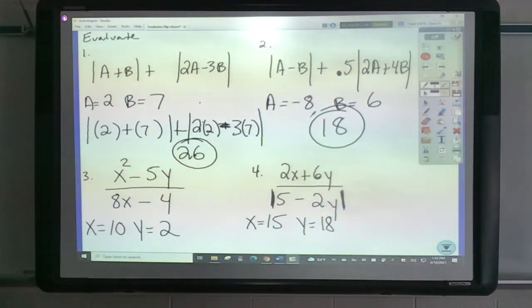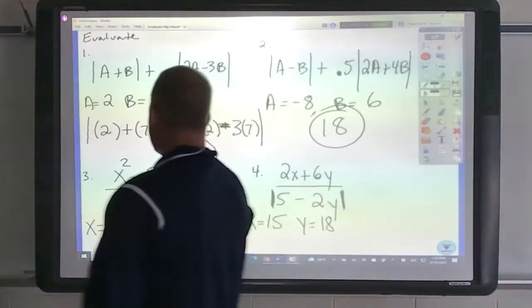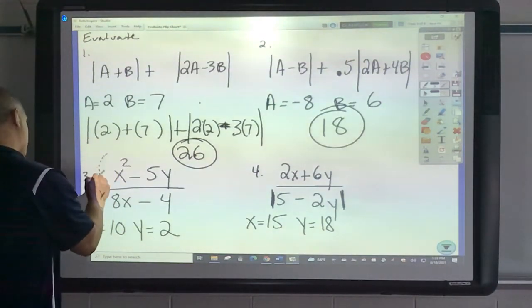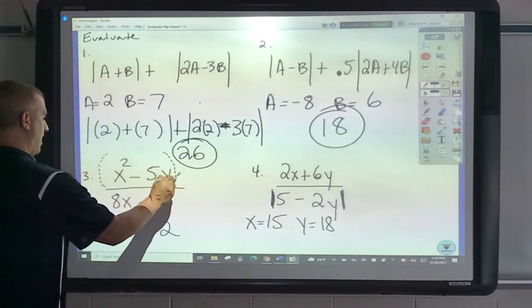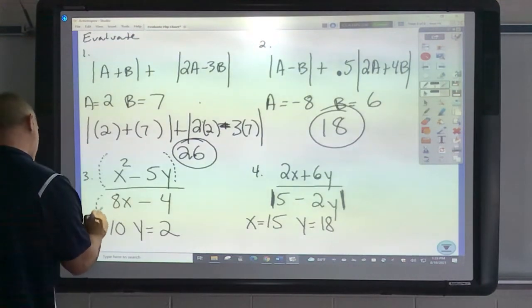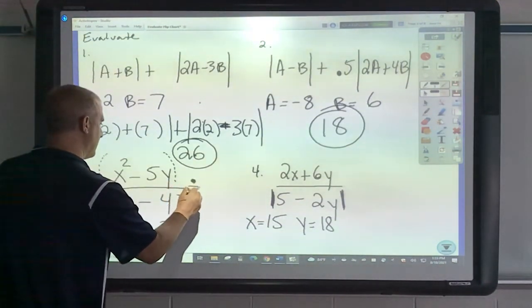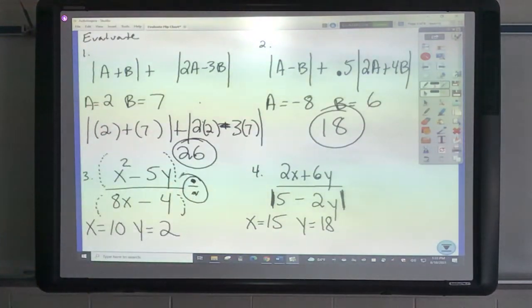Now, the fraction ones. What you're going to want to do, and this is where you have to sort of prompt yourself with the fractions, is put an extra set of parentheses around the numerator and parentheses around the denominator. This bar is the same as division.